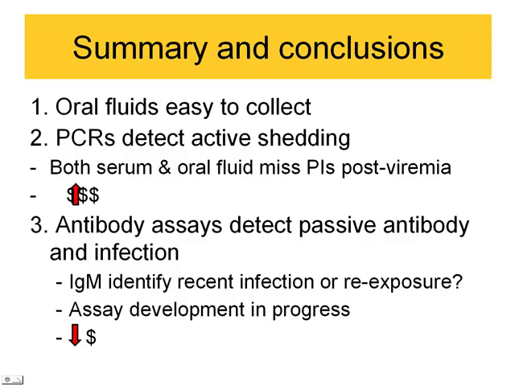And can we use that to determine re-exposures? We don't know yet. These are all things that we're still working on. So basically our assay development is currently in progress, and there's some new technology that I mentioned, that Luminex technology, that hopefully will be coming available within the next couple years. And just talking about the antibody assays, the price is right. So if we have affordable diagnostics, we can hopefully generate a lot more information to help make our decisions.